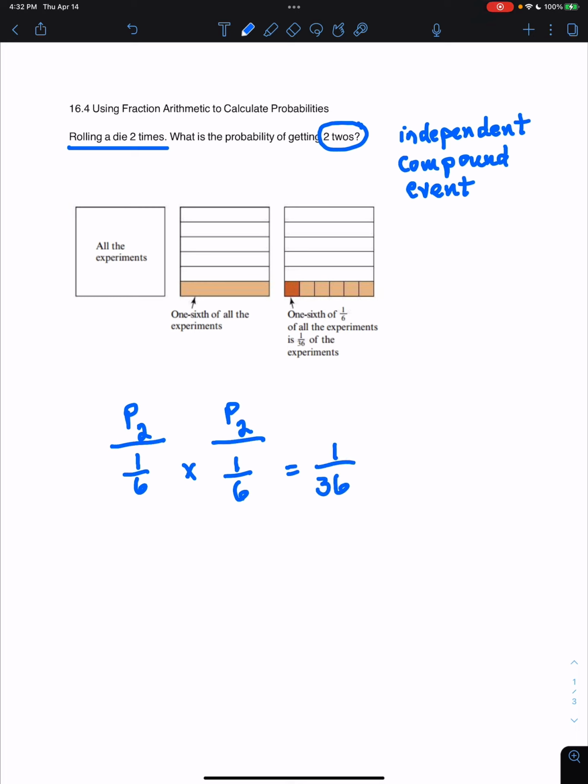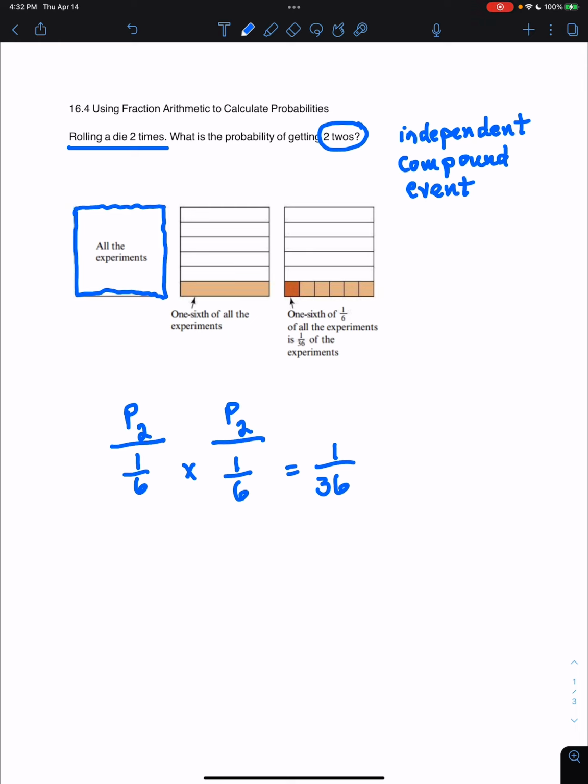We've seen this before, right? This is nothing new. But we can also model this using fraction multiplication. Here, our rectangle represents all the experiments that we could possibly have by rolling a die. In this case, we could roll a 1, a 2, a 3, a 4, a 5, or a 6.